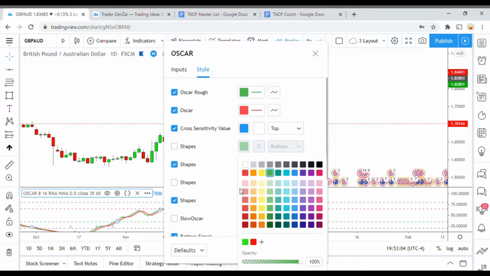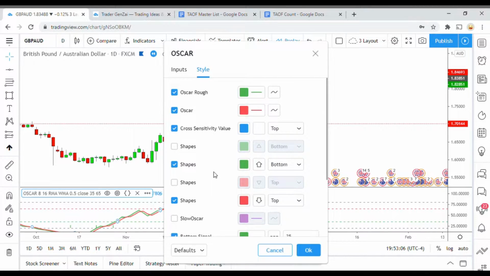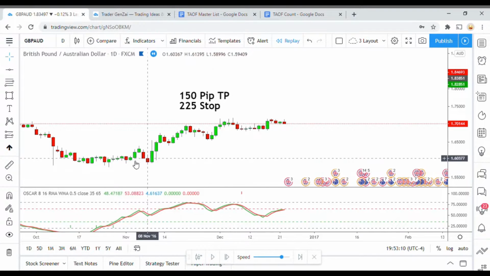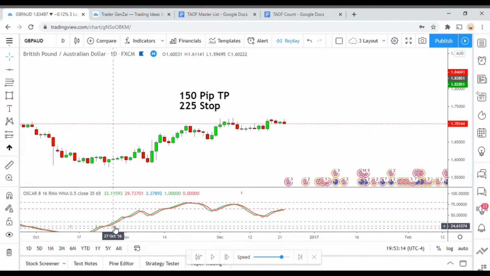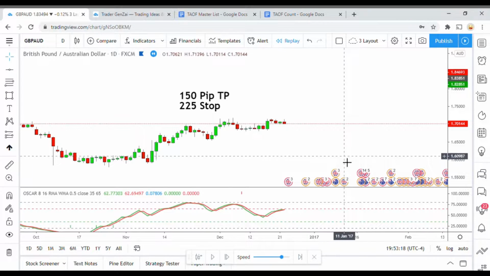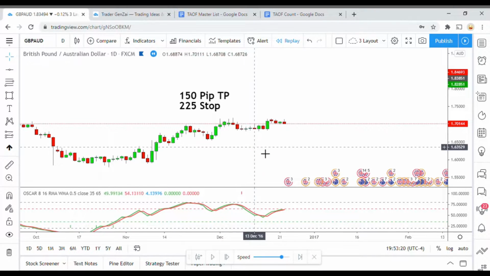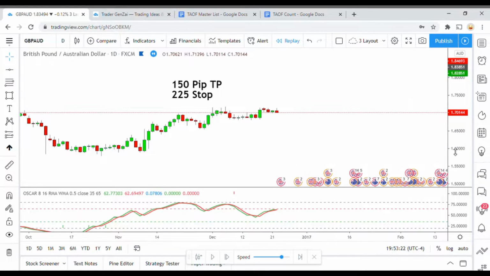I played around with it a little bit, but it doesn't seem to be a way to do that. So you can barely see the little dash right here. It's an arrow, and that will be our signal to go either long or short.